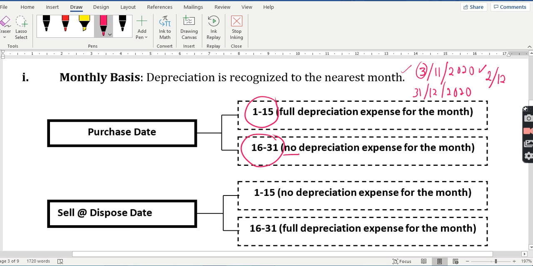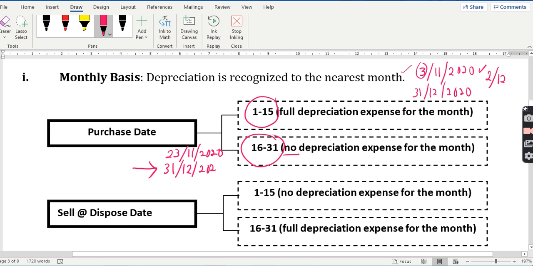So let's say I bought the asset on the 23rd of November 2020, and my closing date is 31st of December 2020. If I calculate the depreciation for the year 2020, my depreciation is only for 1 month, that is for the month of December.